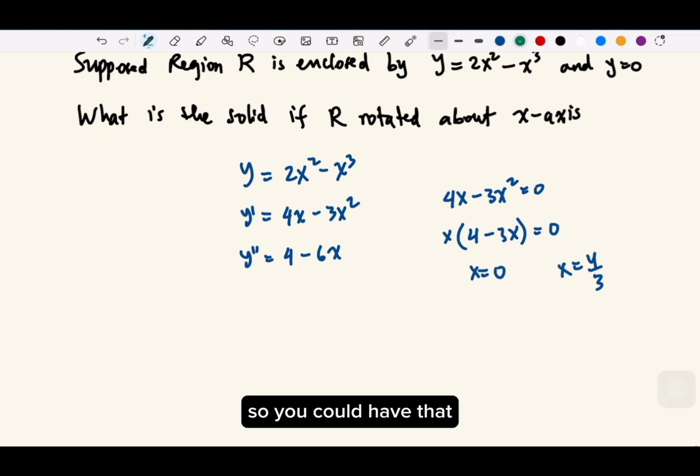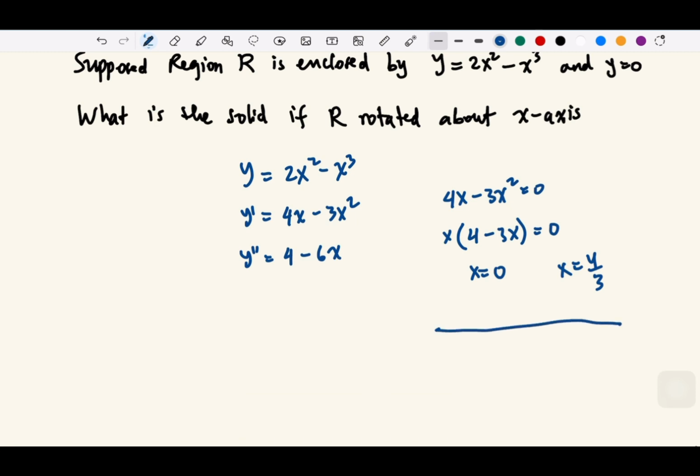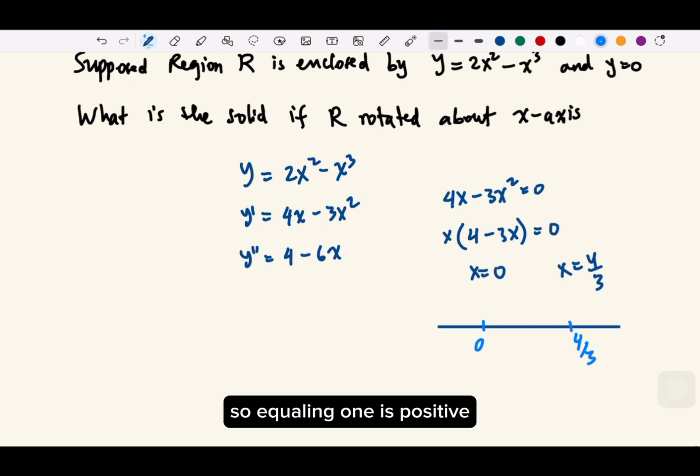So you could have that. At x equal 1 it is positive.